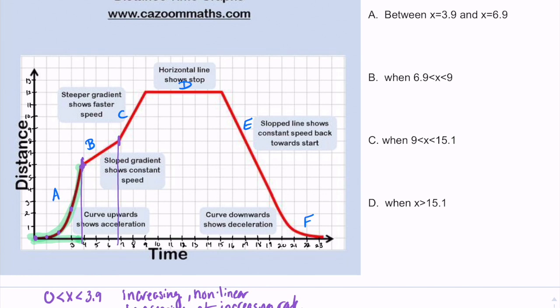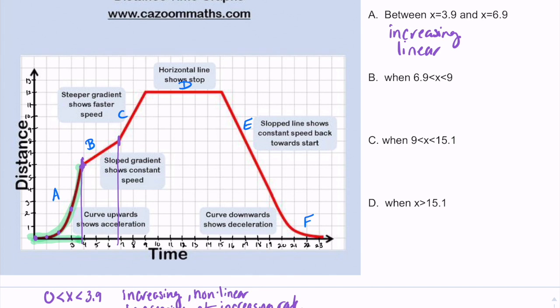So now I'm describing that section of the graph that's labeled B. Well, we see that it's going up, so it is increasing, and it is linear. So if we were going to answer A, we would need to be able to say that it is increasing and that it is also linear.